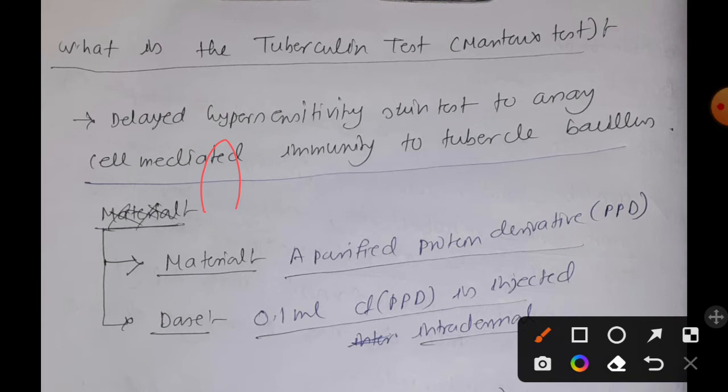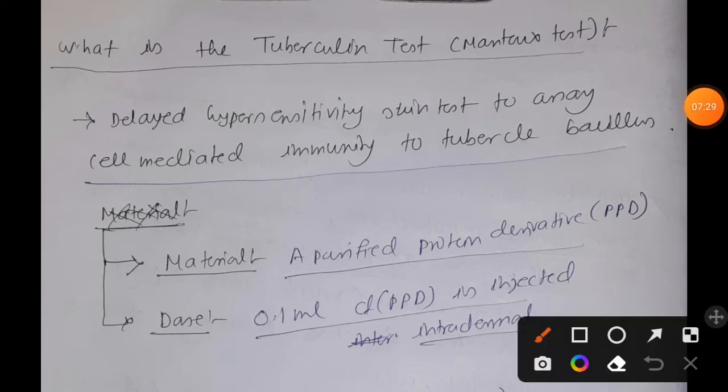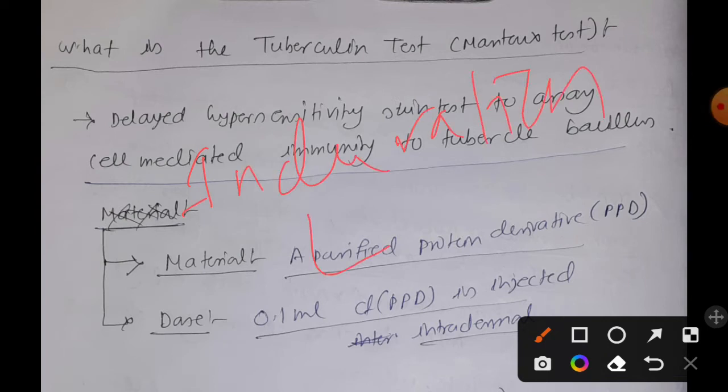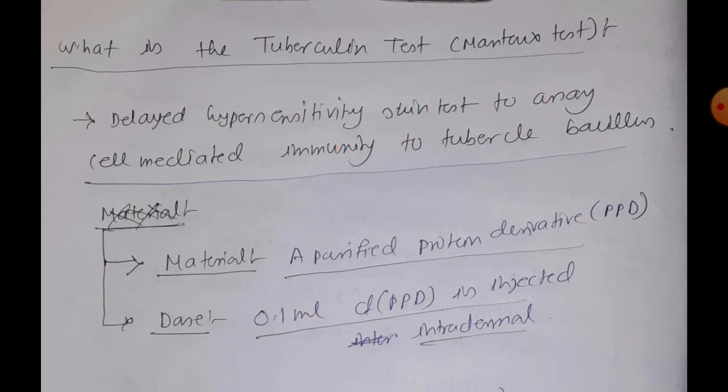Although in both positive and negative cases there will be a red bump, in case of a positive test the induration will be greater than or equal to 10 millimeter, okay. But in case of a negative test, our induration will be less than 10 millimeter, okay. If it is, then we can say that the person does not possess any kind of tuberculosis infection, okay.